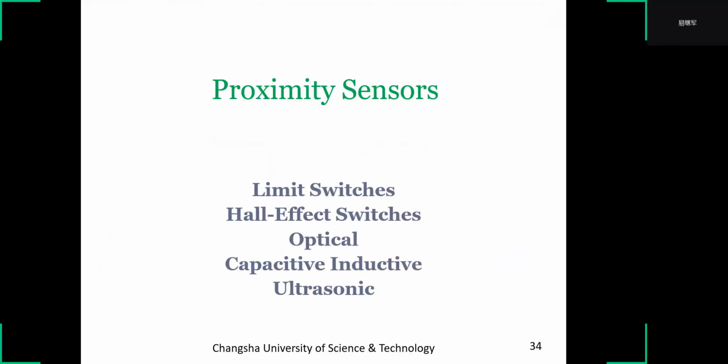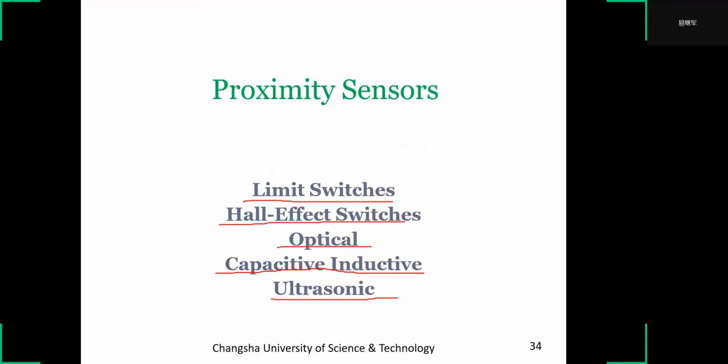Proximity sensor. Limit switches, Hall effect switches, optical, capacitive, inductive, ultrasonic.